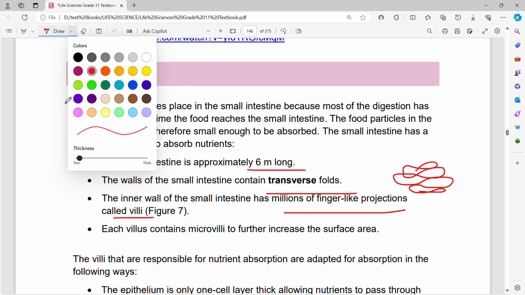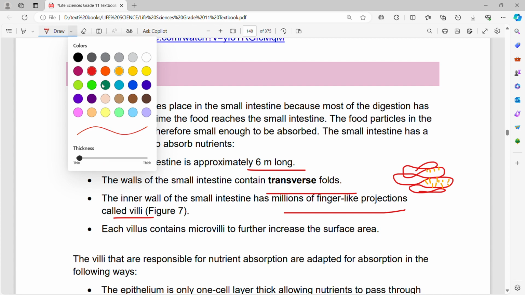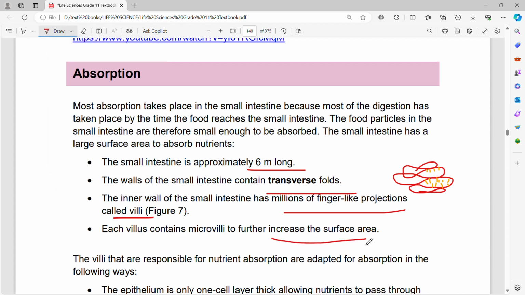So in the transverse folds, there will be projections like this. There will be villi, which will increase the surface area so that more absorption can take place, right? And then the villus contains microvilli to further increase the surface area, as I said.